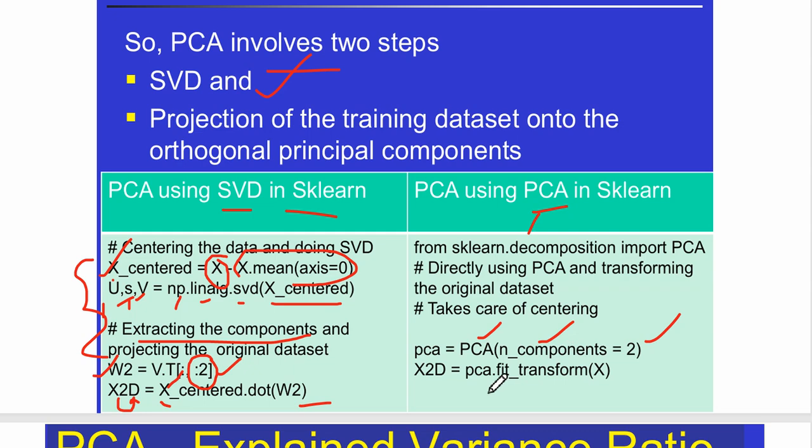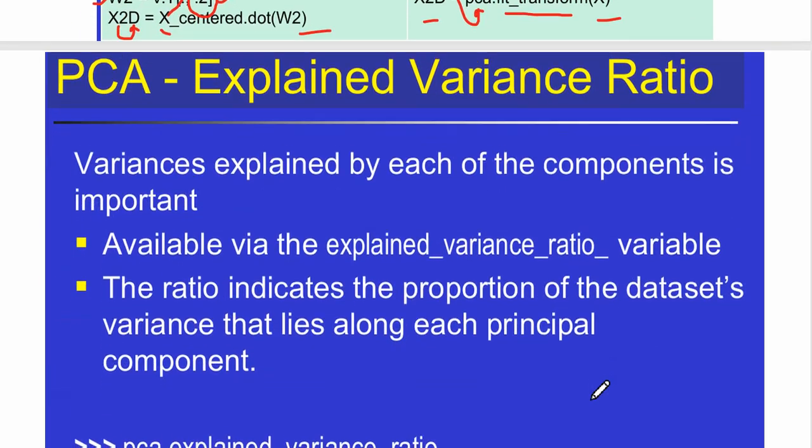Then we transform by applying the function fit underscore transform of X. Then we get X 2d, so we get the principal components. By these two components we apply fit transform on the standardized data, and we get the transformed data set.